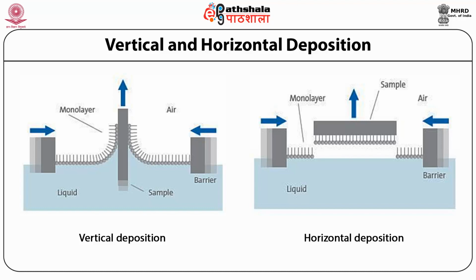On the left hand side you can see that the substrate was already inside the liquid before the layer was prepared on the surface, and when you lift it up in a single stroke you will see that a monolayer gets deposited on the surface. Usually the quality of one side of the surface is very high and the other side is rough, so we can use the characterization on the side where the roughness is very low.